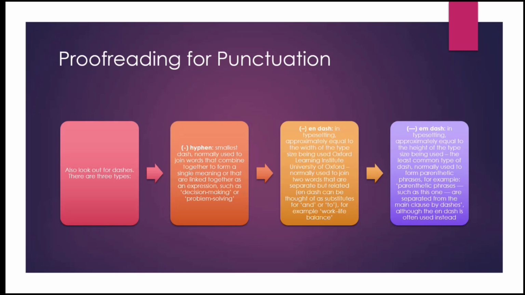So that is used for compound nouns, decision-making, problem-solving. Then you have the en and em dashes, the longer ones. These ones you can use in the space of interrupting commas. That is when you want to put information that is not too relevant for the sentence to make sense, where you will use parentheses or brackets. You can also use the en dashes when you want to introduce more information.